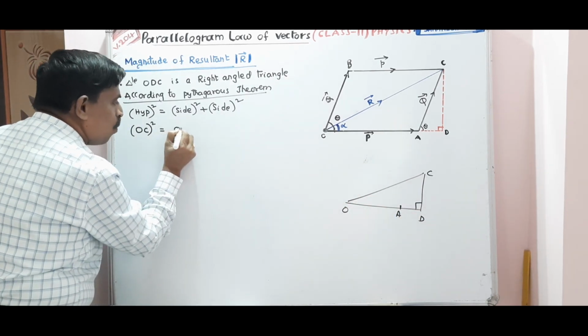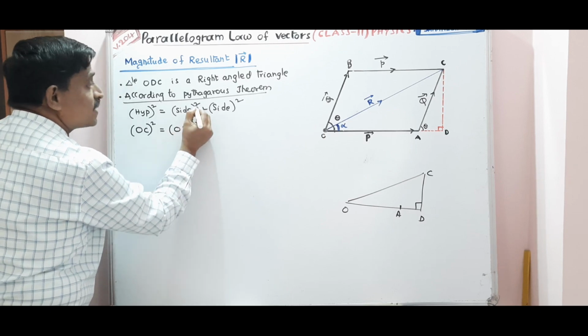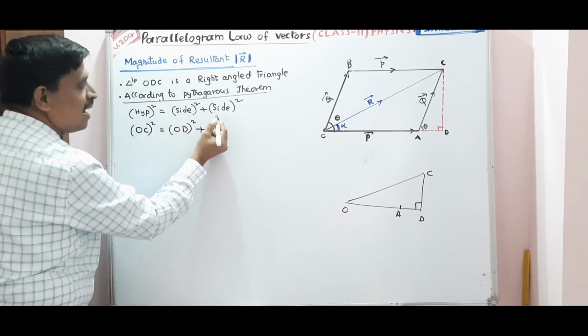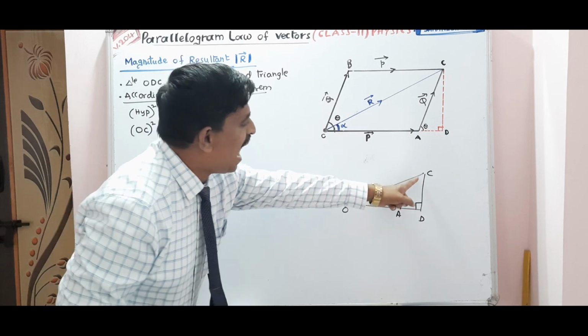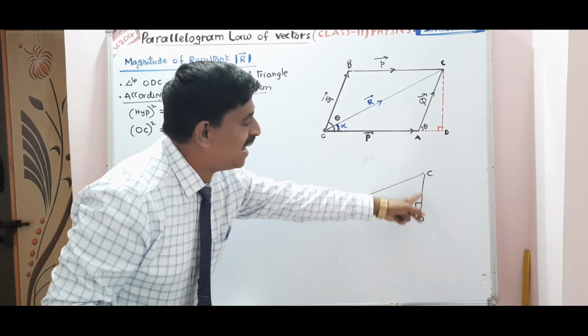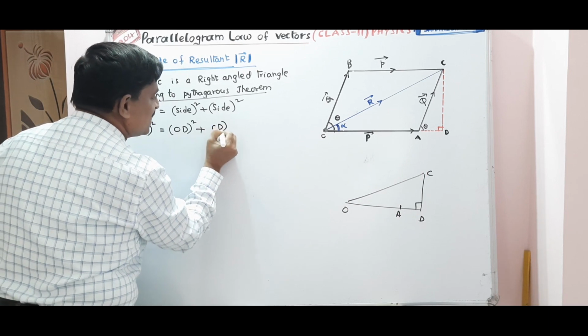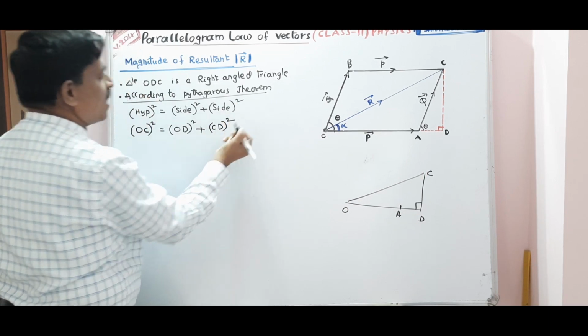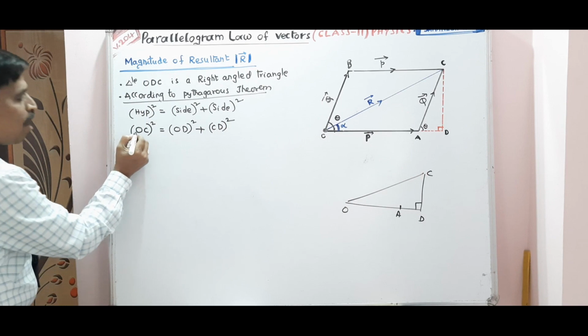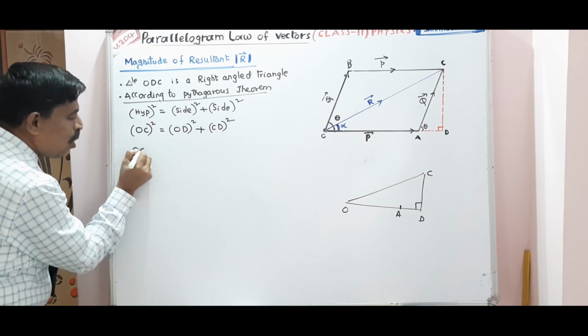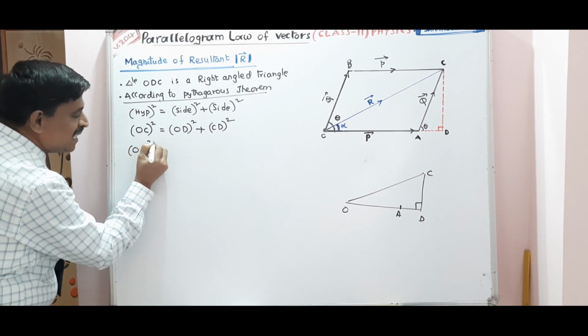One side is OD square, another side is CD square. Now please listen, OC square as it is.